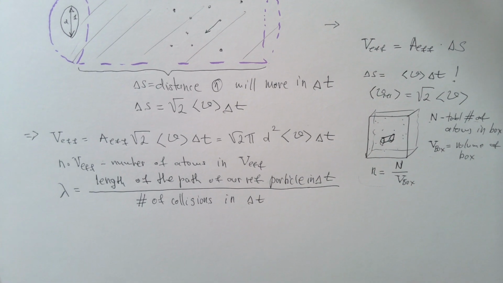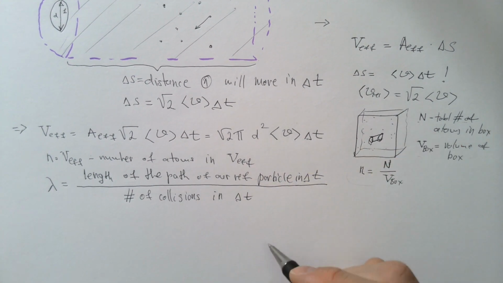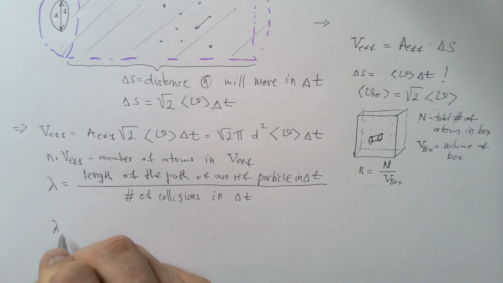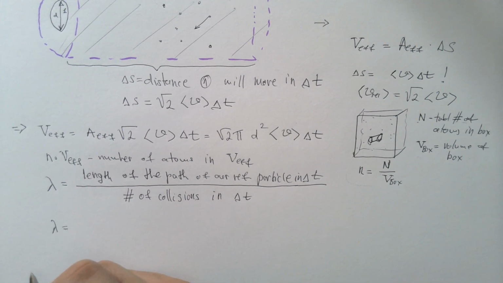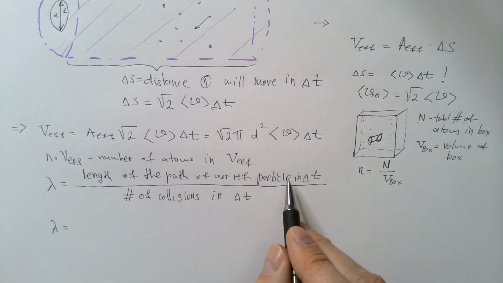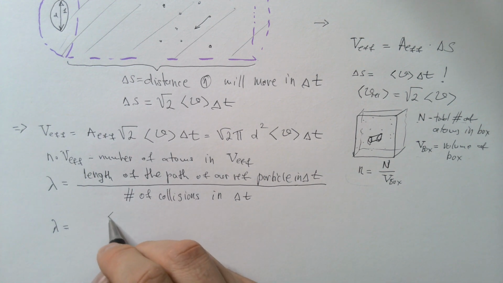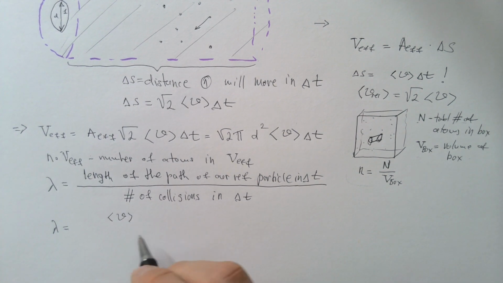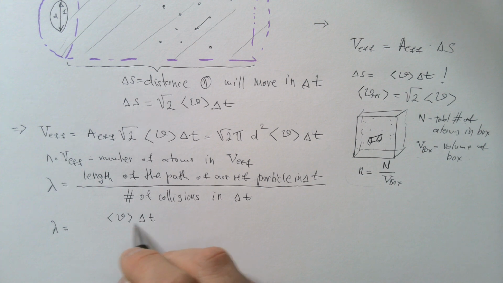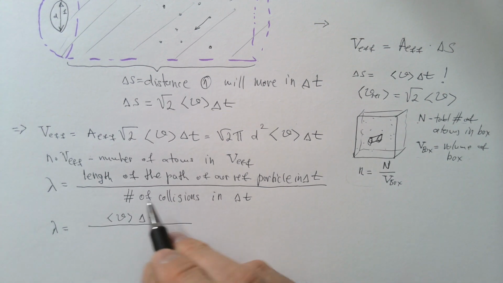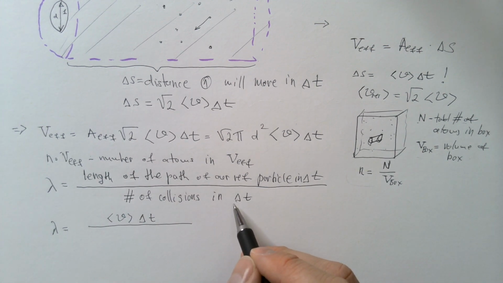Well, what would that be now in terms of these quantities? That lambda would be length of path of our reference particle, that is mean speed of my particle times delta t, divided by number of collisions in delta t.